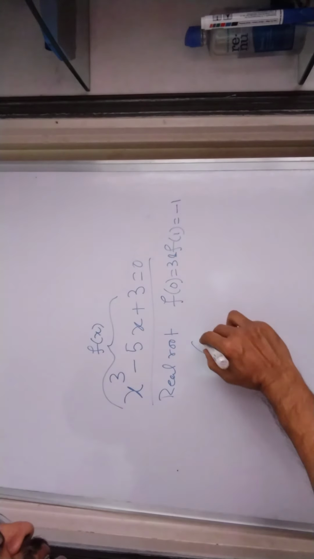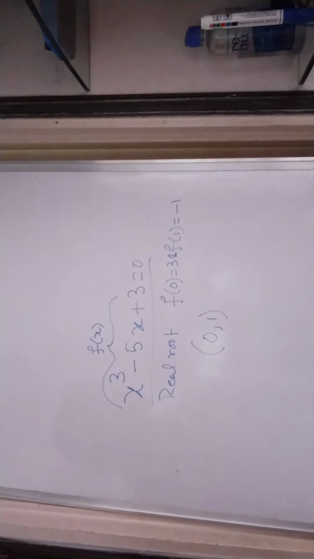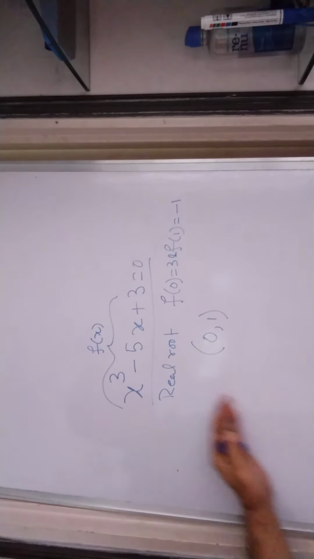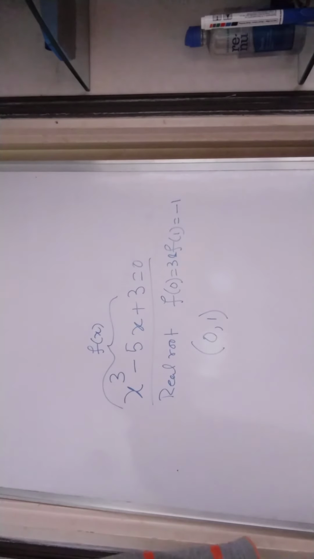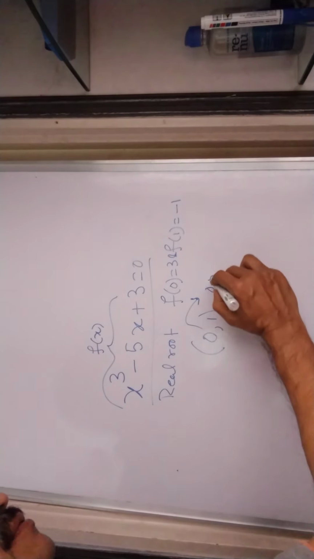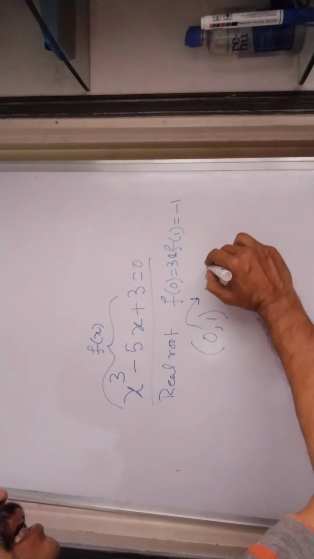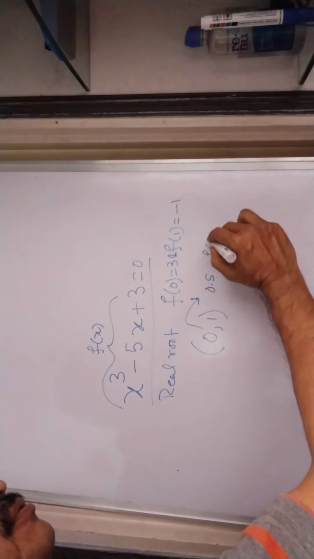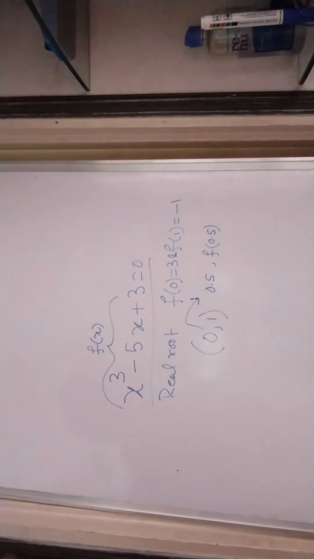So, we can easily apprehend that the open interval 0 1 contains the root as far as Rolle's theorem is concerned. Since f(0) and f(1) are of opposite sign, the open interval 0 1 contains the root. Now, what is the middle point of this interval? It is 0.5, and we check the sign of f(0.5).